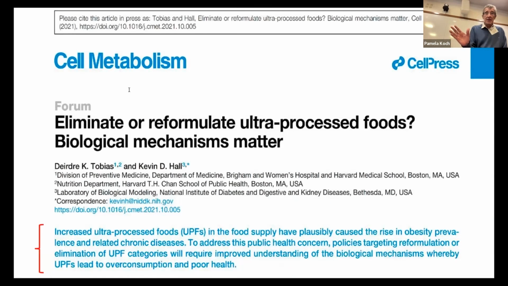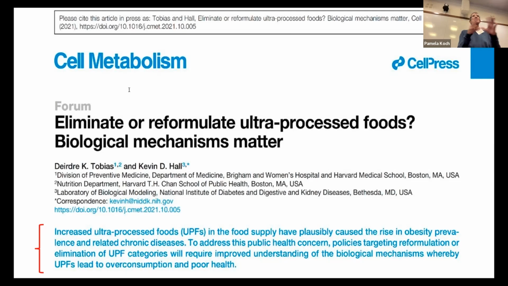But just to be clear, there are other people that think differently, and Kevin Hall is one of them. He thinks reformulation is the way to go, and he has an argument. I accept it. He says, look, in the US, people consume 60% of energy intake from ultra-processed food. It's impossible to change this.